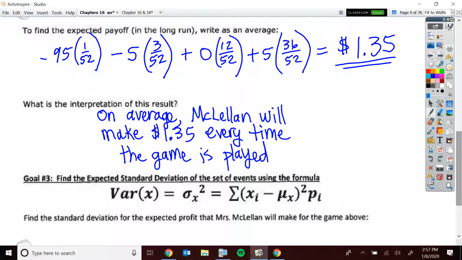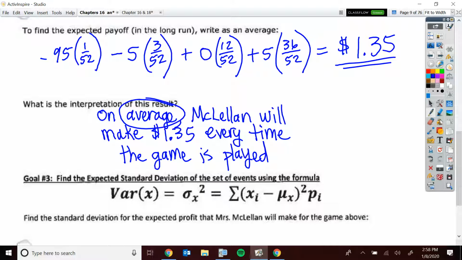And so then what I actually make would be 15 times that, which is 20 something, whatever. So on average, I will make $1.35 every time the game is played. Is that $1.35 actually even a possibility on a gameplay? No, it's not a possibility, but it's okay to say this because it's an average of what happens.